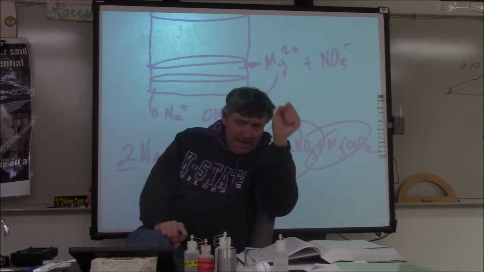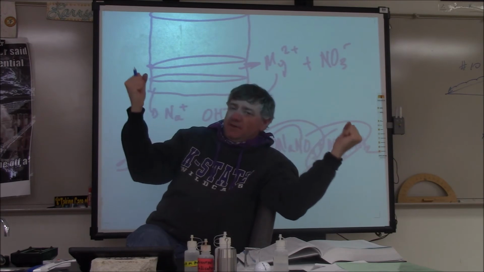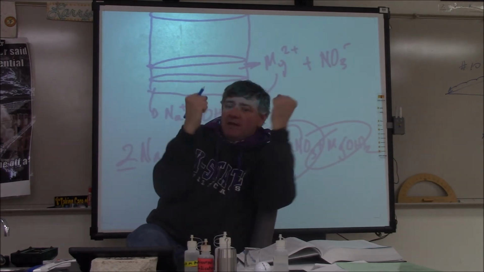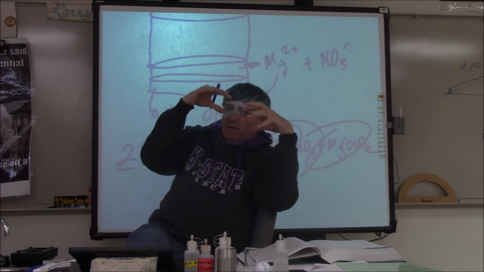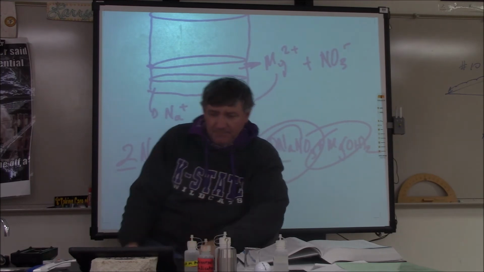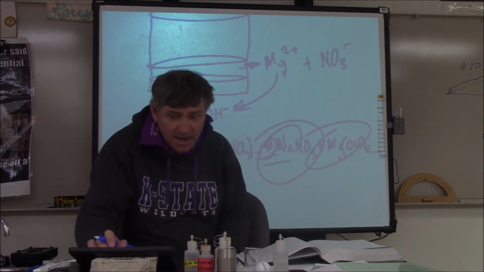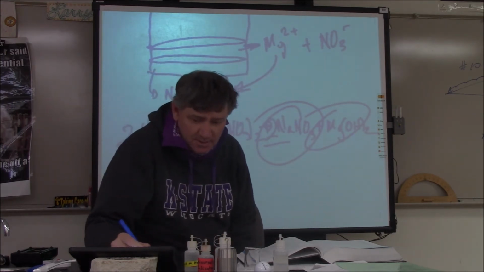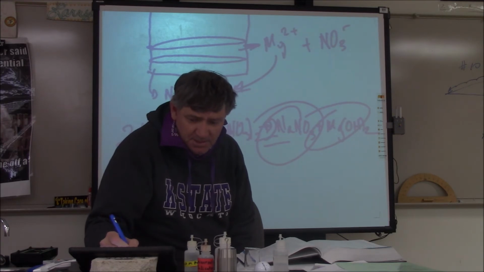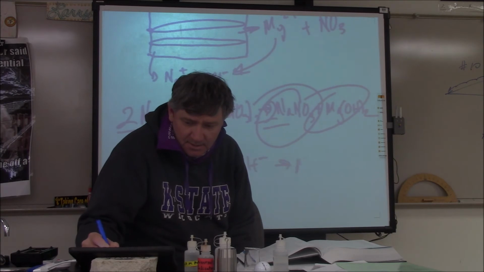You have a cation and an anion that are so tightly bound together that they quit moving around and they settle out and they form a precipitate. So your net ionic equation is going to be Mg2+ plus 2 hydroxide yielding Mg(OH)2. Okay?